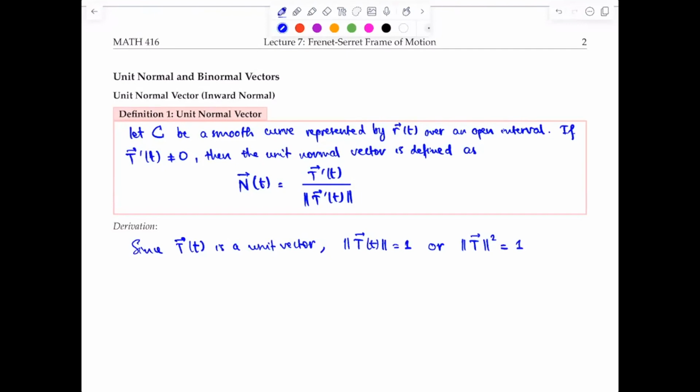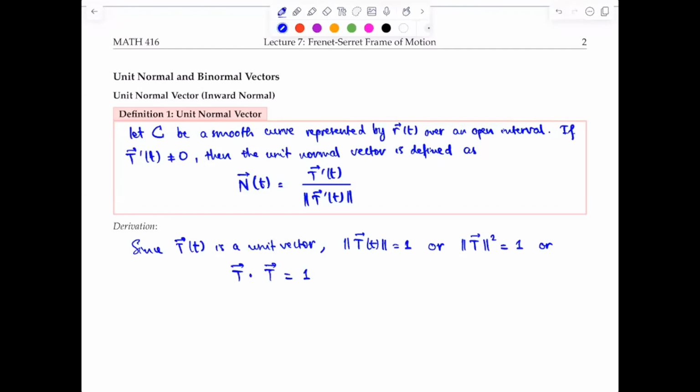So T dot with itself is equal to 1. So nothing fancy there, right? We just basically show that the unit tangent vector is a unit vector.